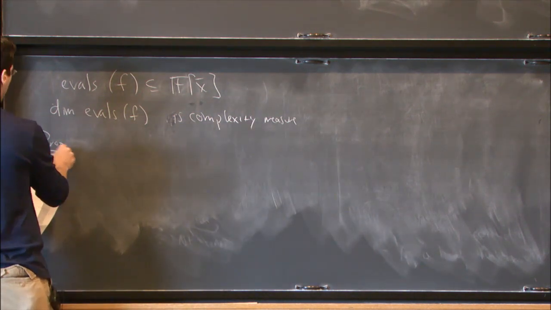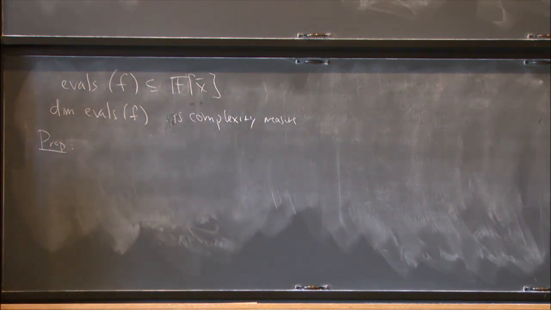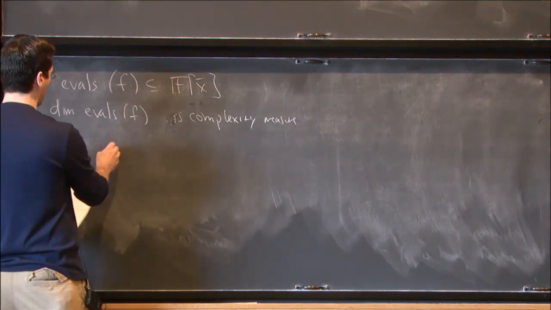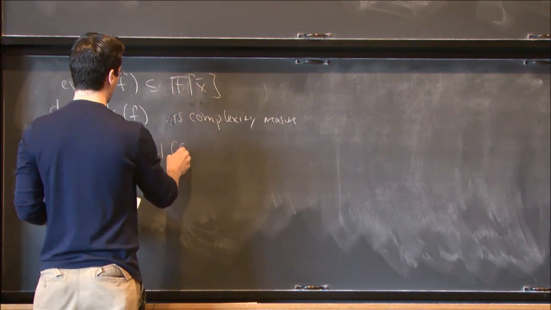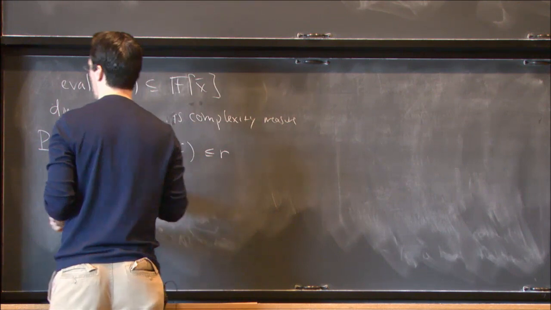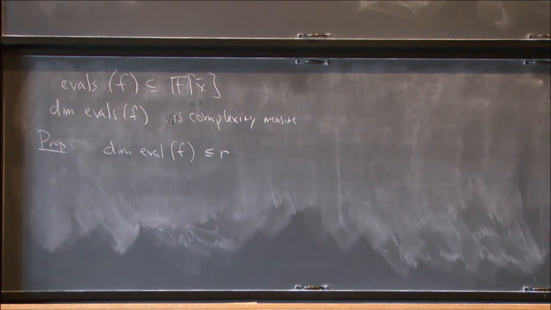So what's the proposition? Let me do something illegal and just take this formula and copy it over here, since I don't want to write it again. I want to say that in this case, the dimension of the evaluations is at most r. So what is r? R is the size of this summation. This is the only size measure of this entire computation.